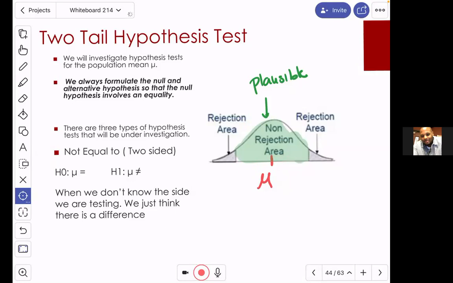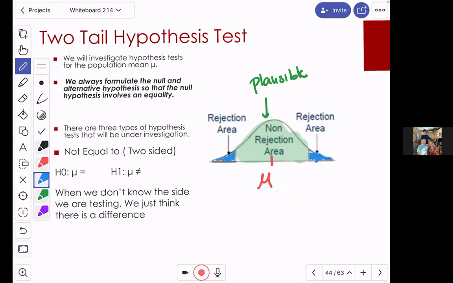But when I start to get values like 55,000, way out here, that makes me start to think that this isn't true. Or if I start to get values like 100,000, way out here, that also makes me think this isn't true. So it's going to fall in what we call a rejection region. And what we're doing is rejecting the initial claim. We're able to reject the initial claim because we have enough evidence to support the alternative claim.